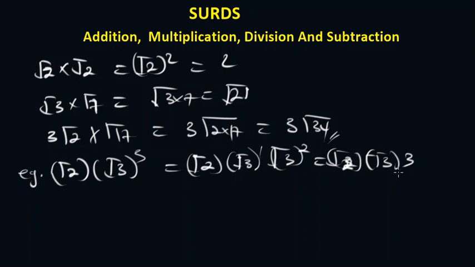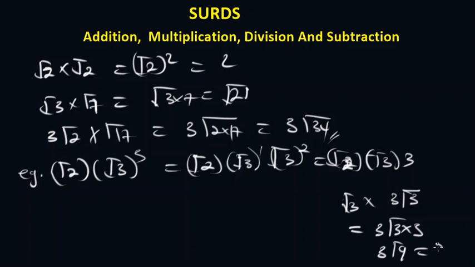Okay, we can have root 3 times 3 roots, 3 root 3, and this will be equal to 3 root 3 times 3, and this will give us 9, and so raising that one to a power will give us 3, so we have 3 root 9, which will be equal to 3 times 3, and finally 9.